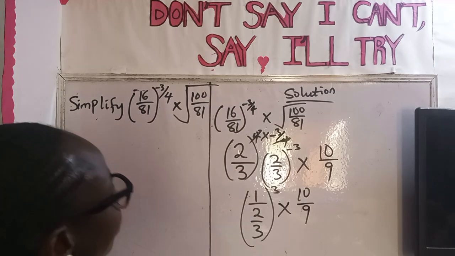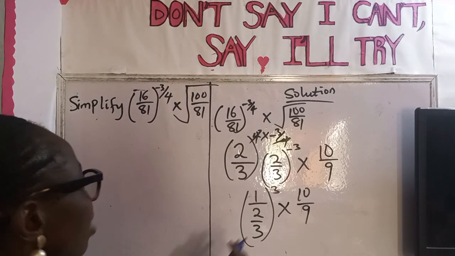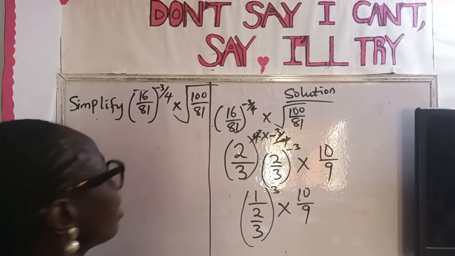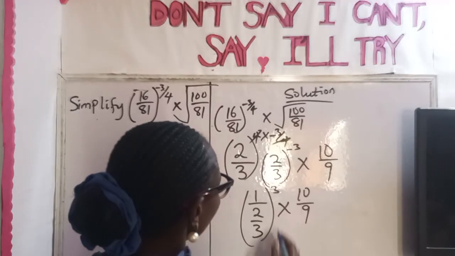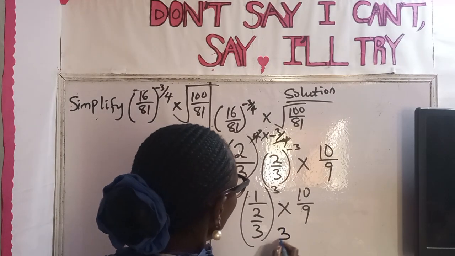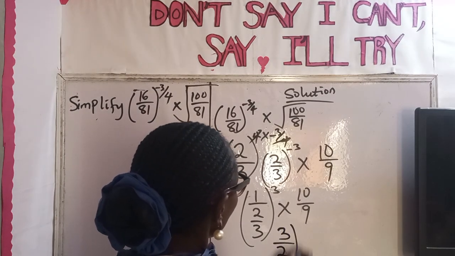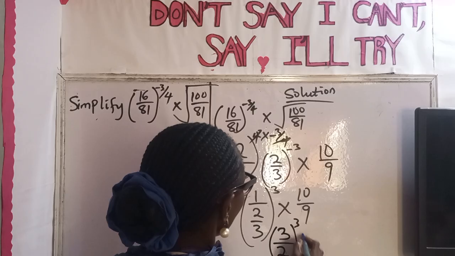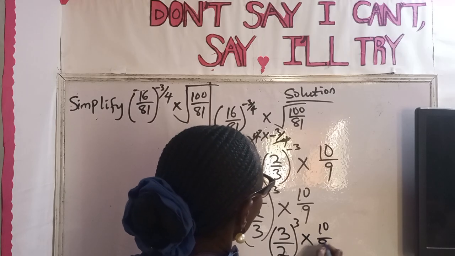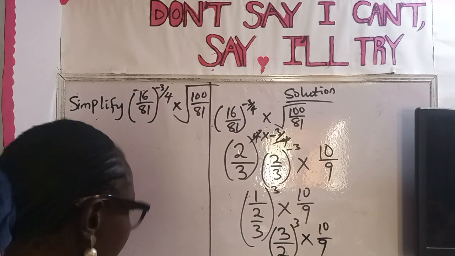So here, there will be a reciprocal. In order to remove this one, the number will turn, which is (3/2) raised to the power of 3, times 10/9, right?